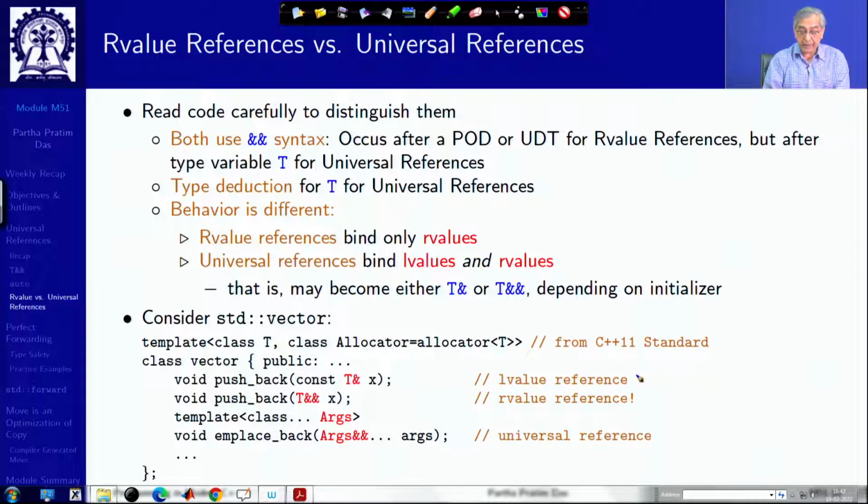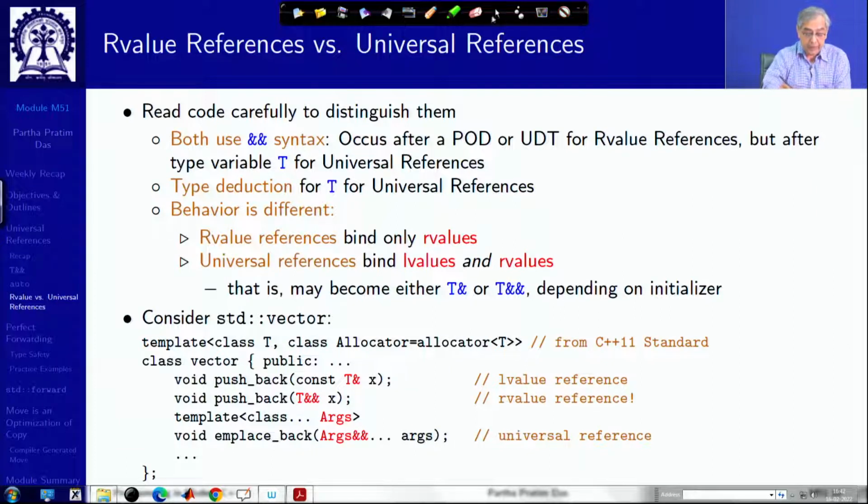If you do push_back, that is how it is defined. So, this is an L value reference, there is an overload which is an R value reference, whereas emplace_back is a universal reference because it is templatized.